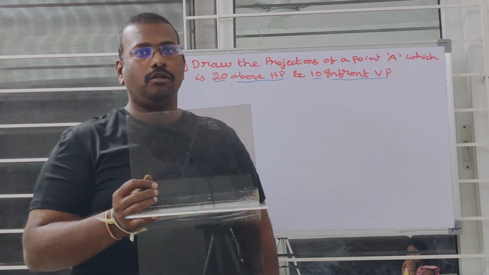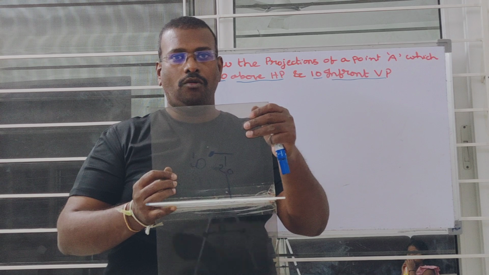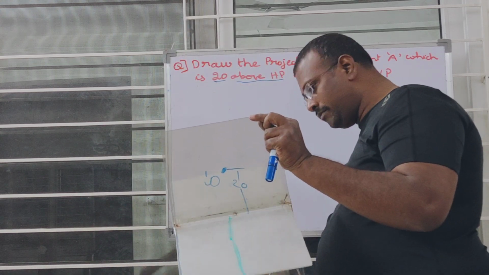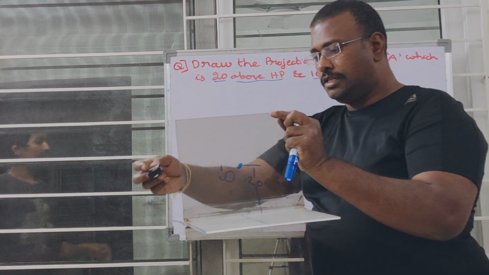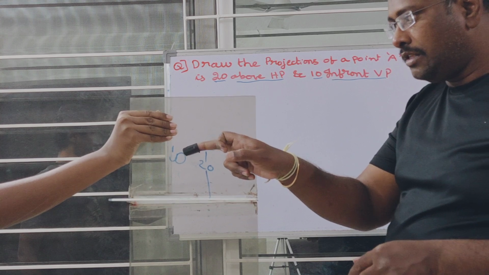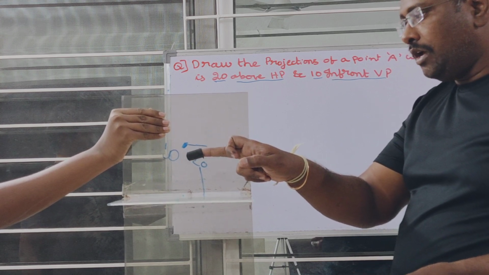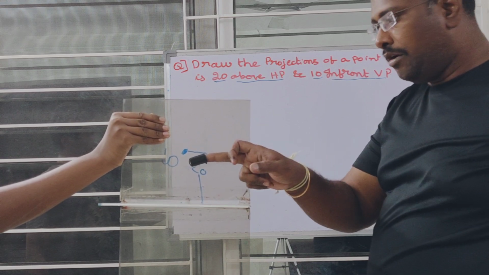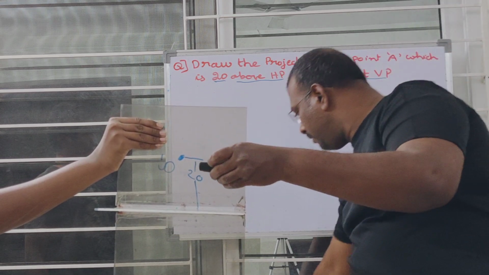Now we have to look into the top view. How do we consider the top view? Now we are going to have the point here. This is 10 in front, this is 10 in front. If we observe from the top, how is the ray going to form?